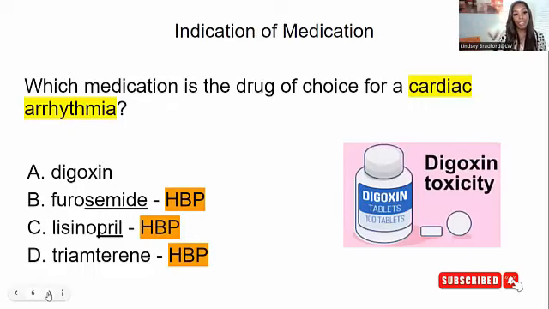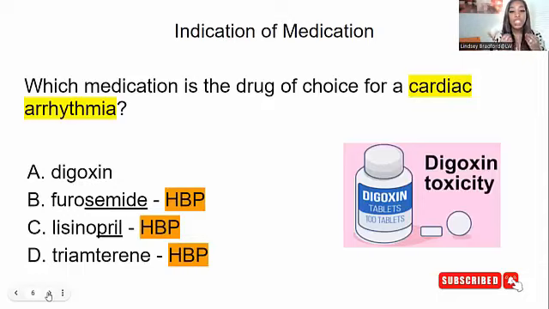Indications of medication. When it says which medication is the drug of choice for cardiac arrhythmia, we're talking about the heartbeat, right? When we think about cardiac, we automatically think about the heart. So when we're thinking about medications, we're thinking about what is used for the heart.